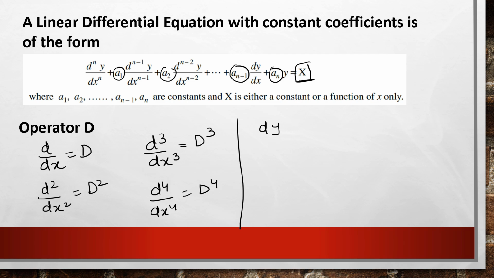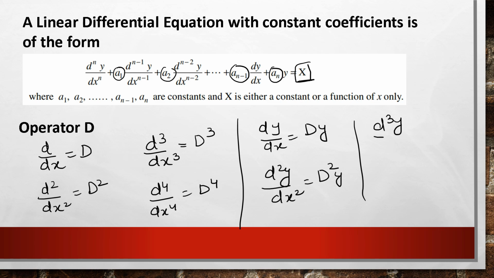So dy over dx will be written as capital D y. d square y over dx square will be written as capital D square y. d cube y over dx cube will be written as D cube y. d power 4 y over dx power 4 will be written as capital D power 4 y. This is an operator.